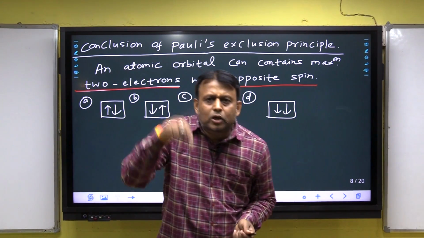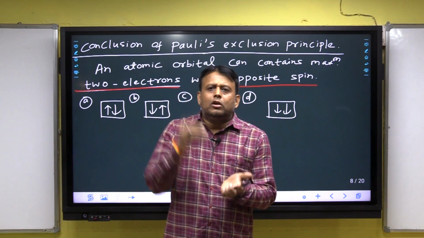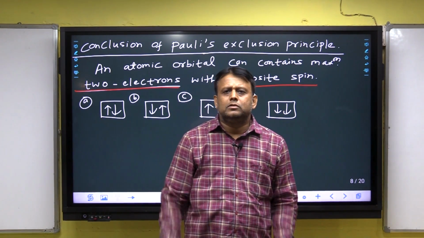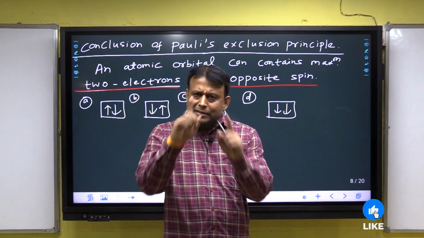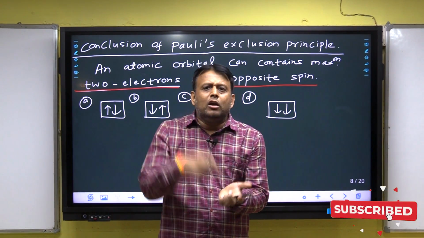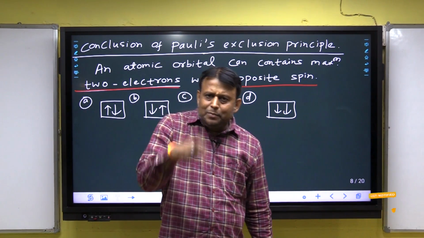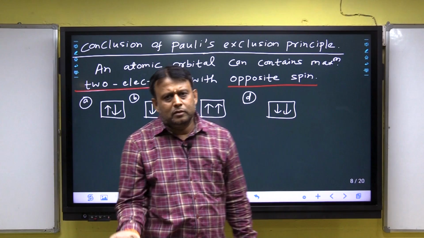That is, an atomic orbital cannot contain three electrons or four electrons, maximum two. And an atomic orbital cannot contain two electrons with the same spin. Maximum two with opposite spin.